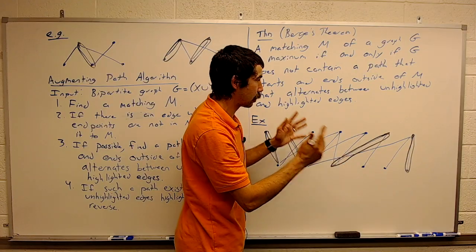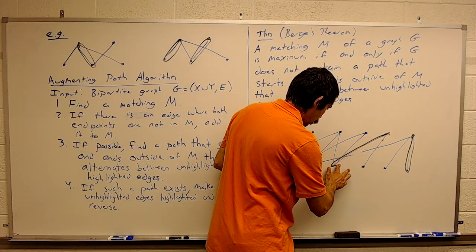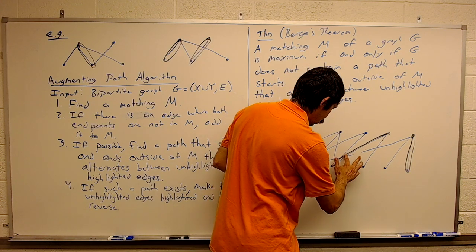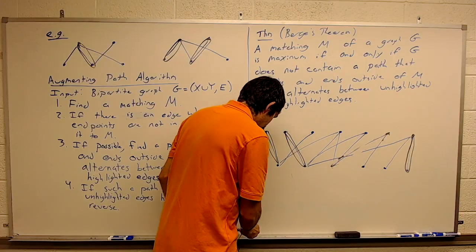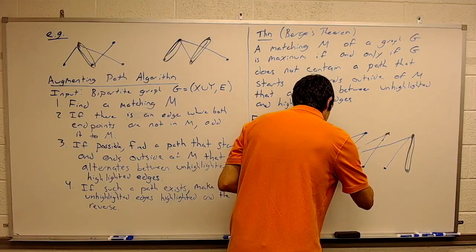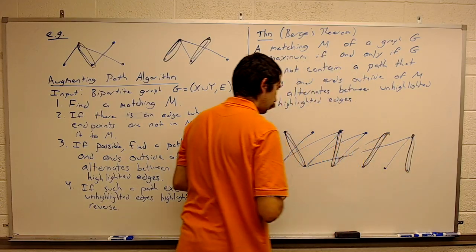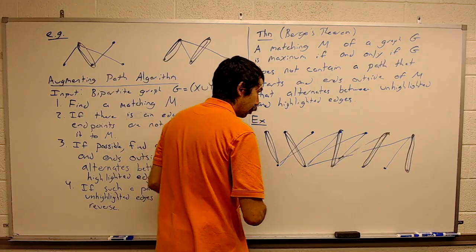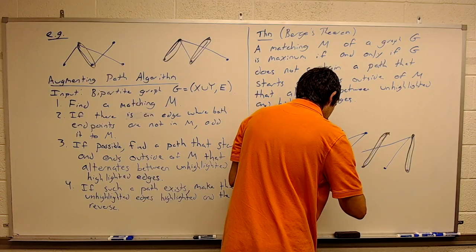We could toggle this. Let's go ahead and do that. So let me get rid of the black here. And what happens is this becomes black, this becomes black, and our original edge, which I'll just redraw, is back to being blue.